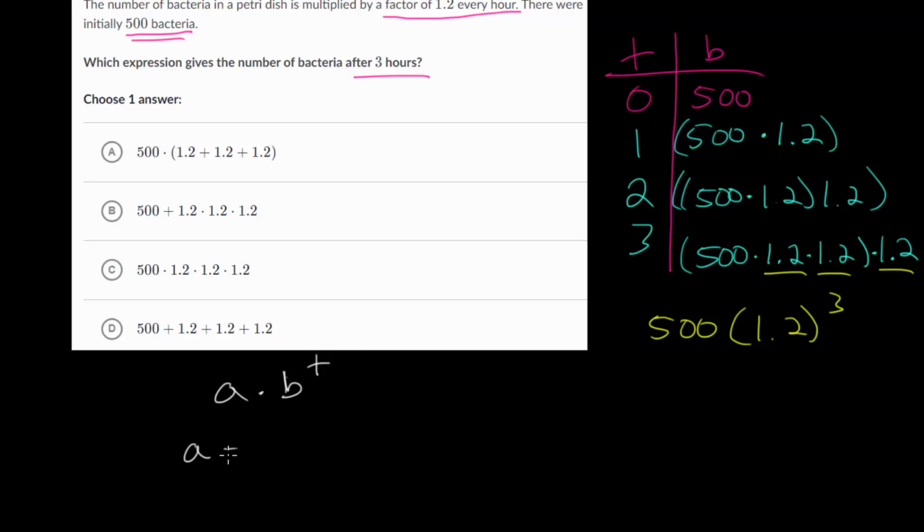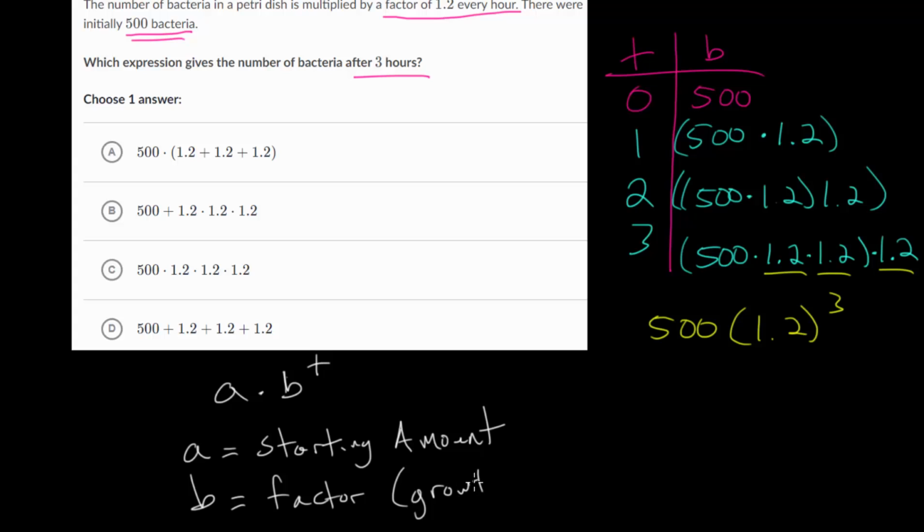Like I mentioned, that A is the starting amount, and B is our multiplicative factor, or we can just call it our factor or our growth rate. And t, in this case, we can call time. Now, it doesn't have to be time, but for many of these problems, the variable will be time.